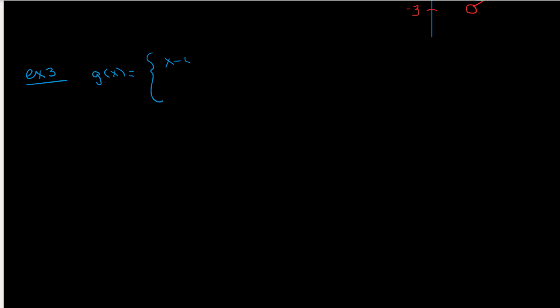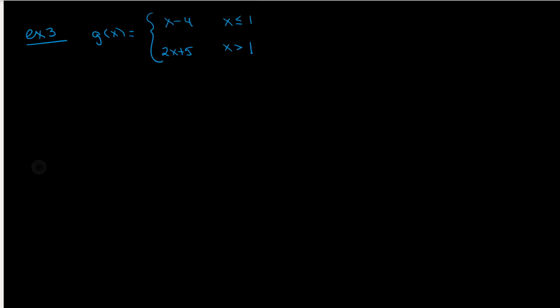Let's say it's x minus 4 if x is less than or equal to 1, and 2x plus 5 if x is greater than 1. So this time we're not using a graph, but we're going to do this numerically.